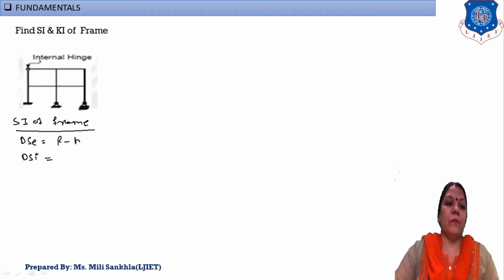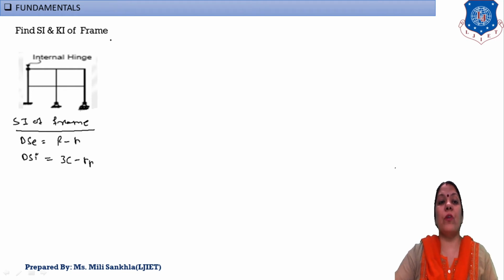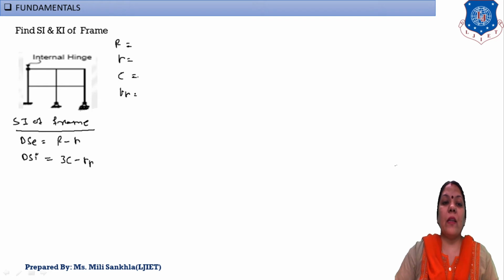Because an internal hinge is given, if you remember, 3c minus rr. Now first mention the unknown values: capital R, small r, cell area, then rr, then number of members, number of joints.